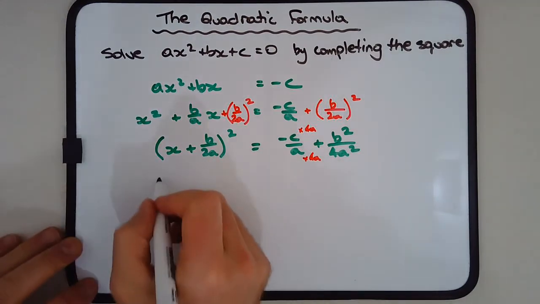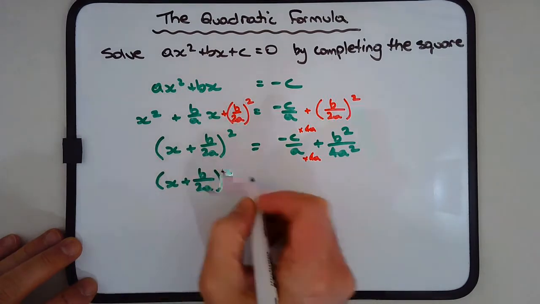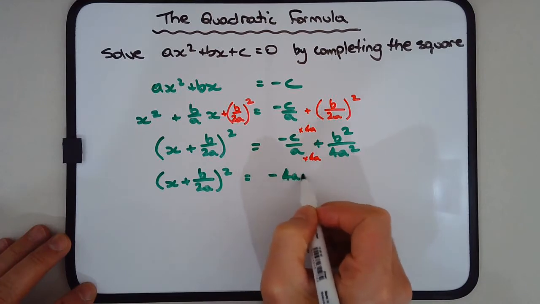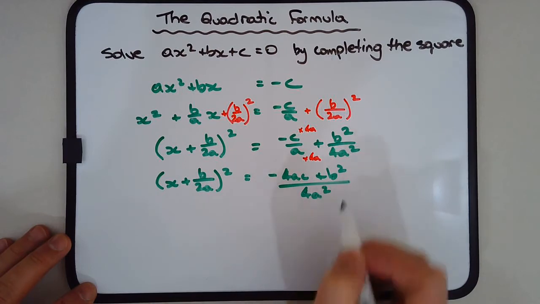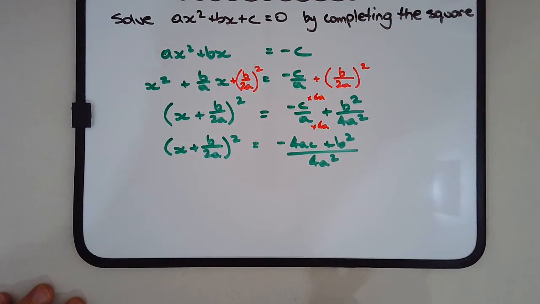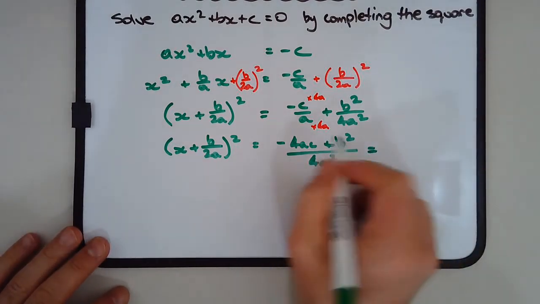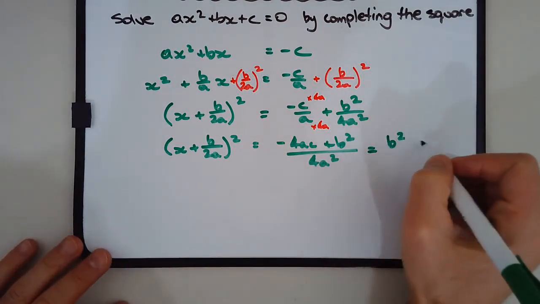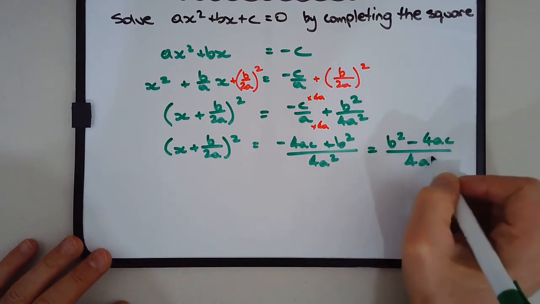So let's write this as x plus b on 2a all squared is equal to negative 4ac plus b squared on 4a squared. And I'm running out of room here, so I might just switch these two terms around. So that's b squared minus 4ac over 4a squared.